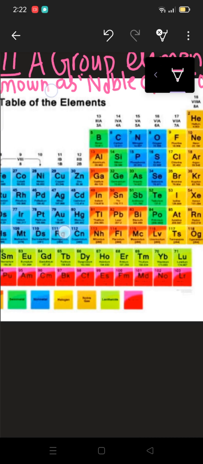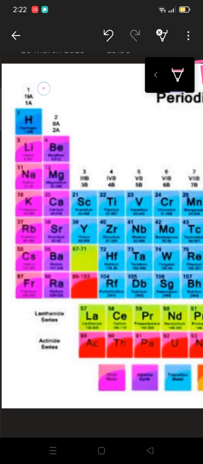Since their valence shell is filled with electrons, they neither want to gain an electron nor lose an electron in order to complete the outermost shell, because their outermost shell is completed. As you can see here, when we talked about the first A group elements, there was a need of 7 electrons to complete the outermost shell in order to make themselves stable, because they were having only 1 electron in the outermost shell.